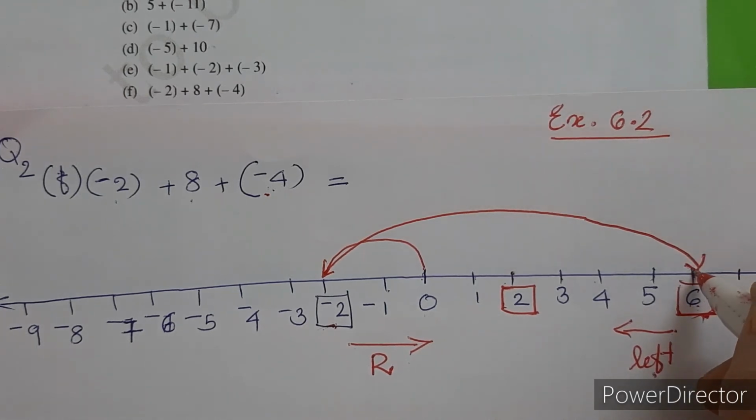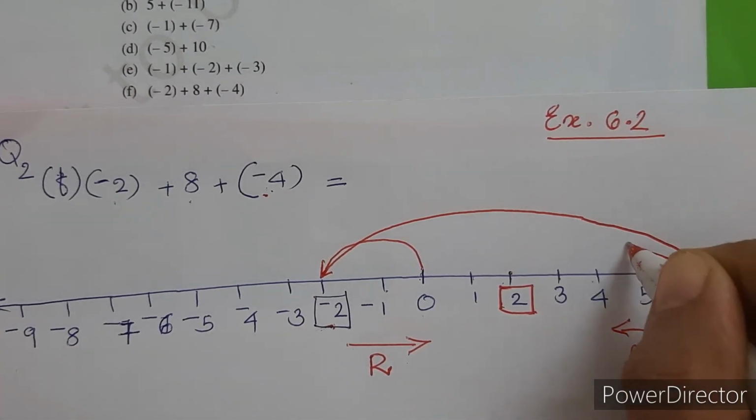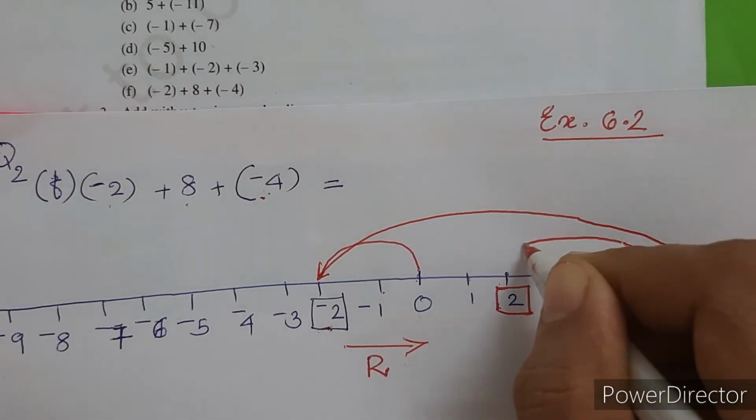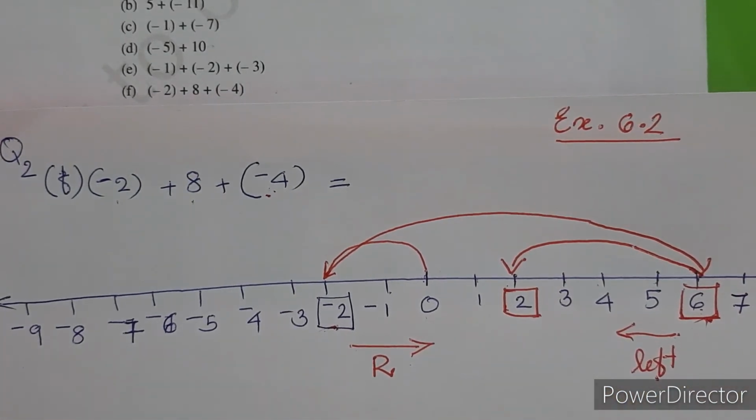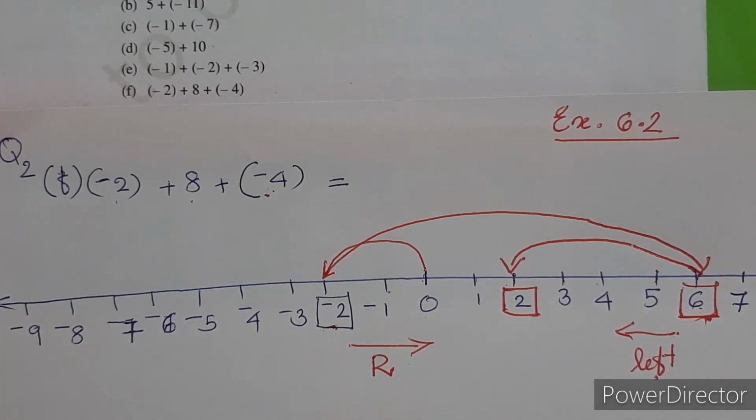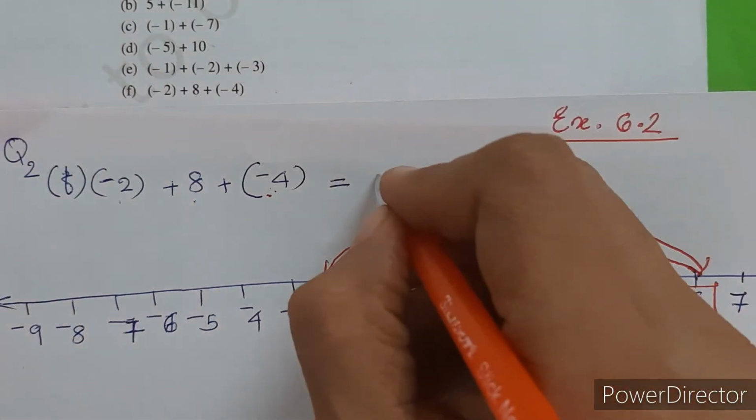So we move minus 4 points: 1, 2, 3, 4. We move 4 points and reach 2, right? So from this second starting point, 6, we move 4 points and reach 2. Okay, don't be confused. One more time I will repeat. First, the answer is 2.